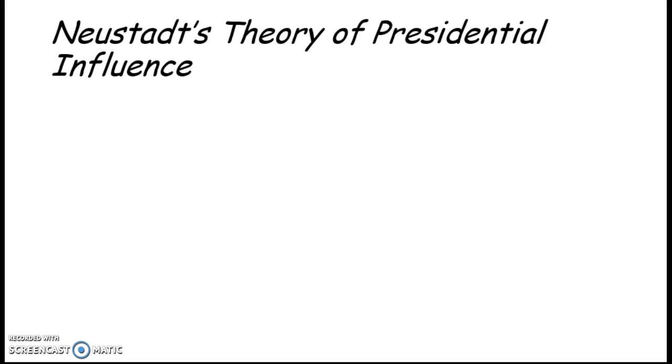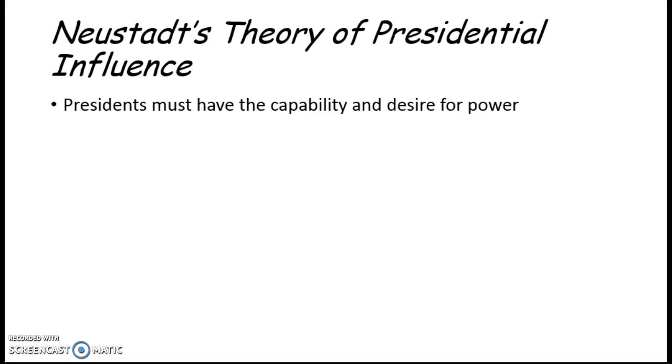Another rather random piece of information is Neustadt's theory of presidential influence. And you've heard this one before. Presidents must have the capability and desire for power, but they cannot command, they must persuade.